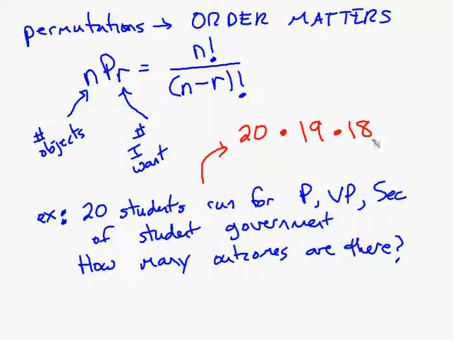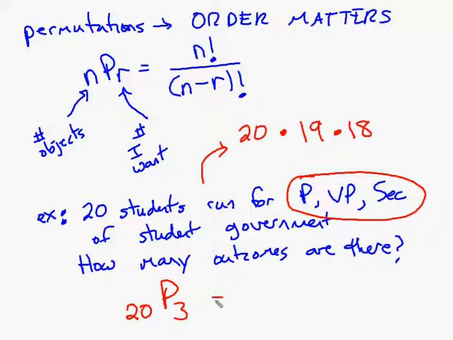I could write this as a permutation. I have 20 possible people to select for president, vice president, secretary. How many of them can actually win? Well, there's 3 offices, right? So 3 of them. So that's going to be 20 factorial over (20 minus 3) factorial.